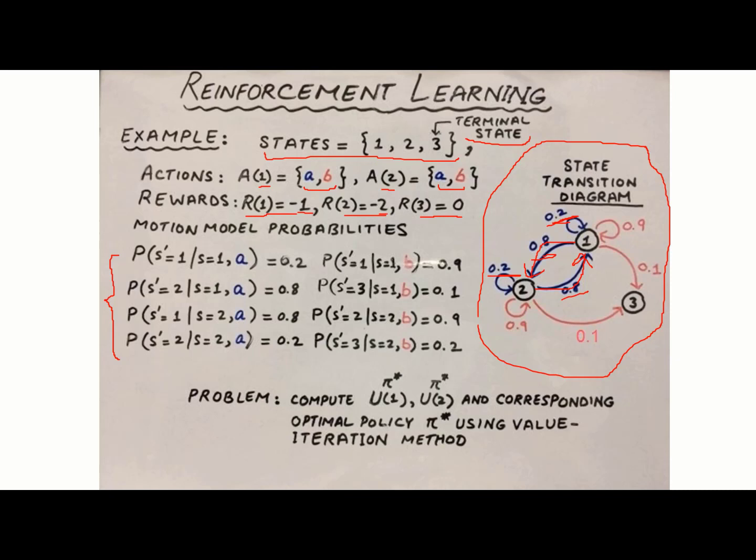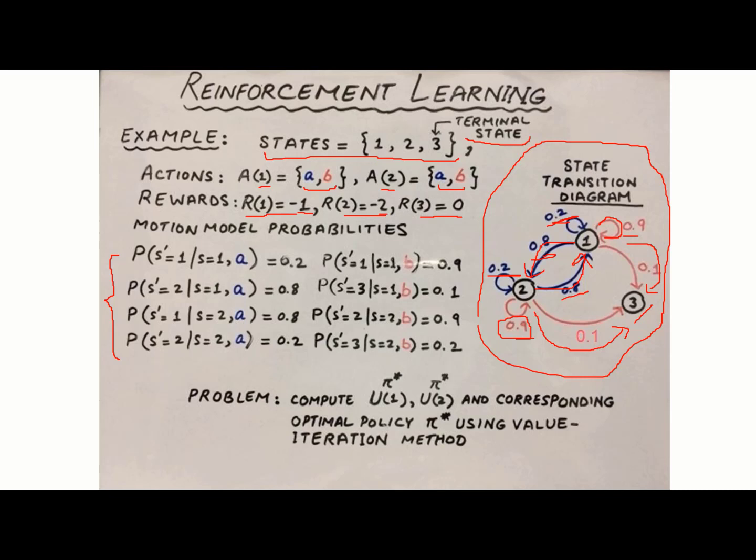But if you take action B in state 1, then you are more likely to remain in that same state, probability 0.9, but there is some small chance that you will end up in state number 3, which is the terminal state. Likewise, if you are in state 2 and take action B, you can reach state number 3 with some small probability 0.1, but it is highly likely that you remain in state number 2 with probability 0.9.